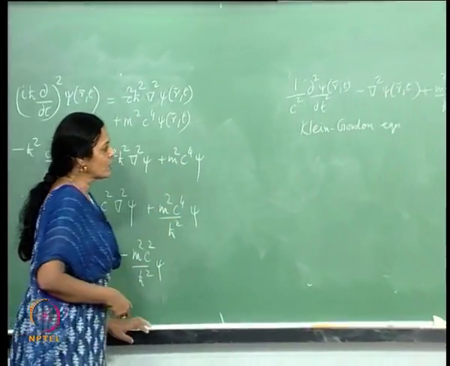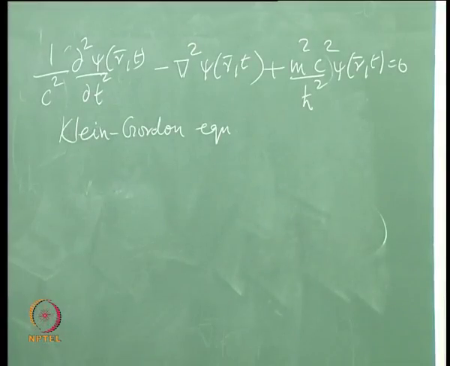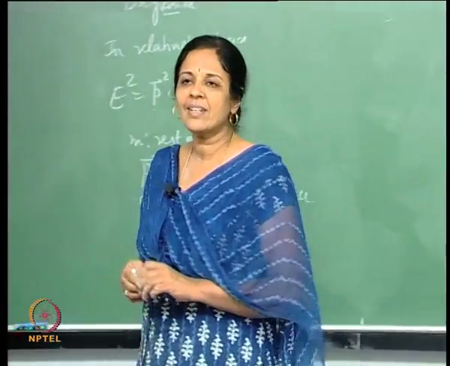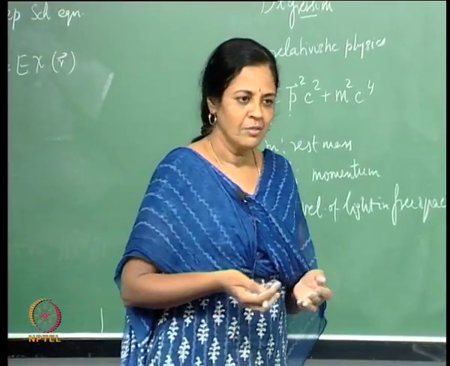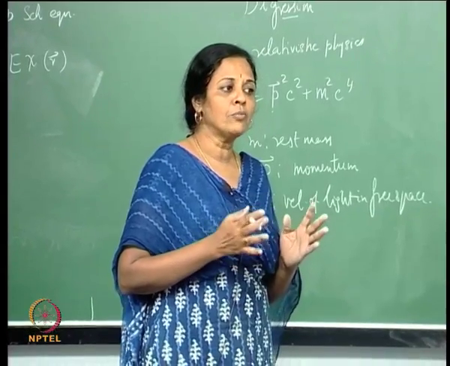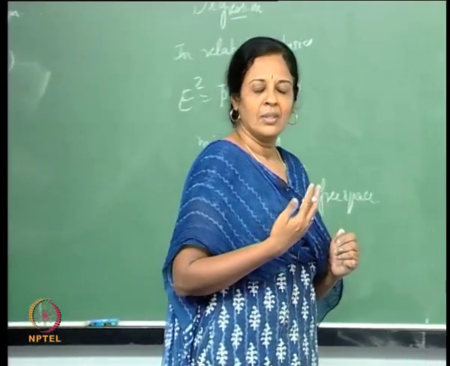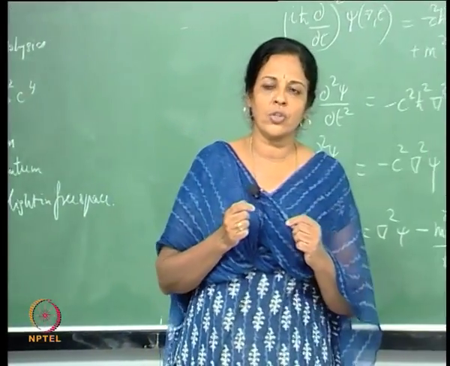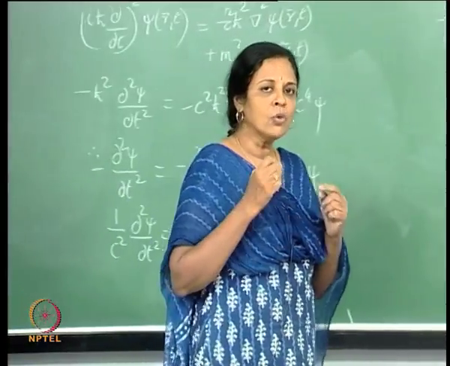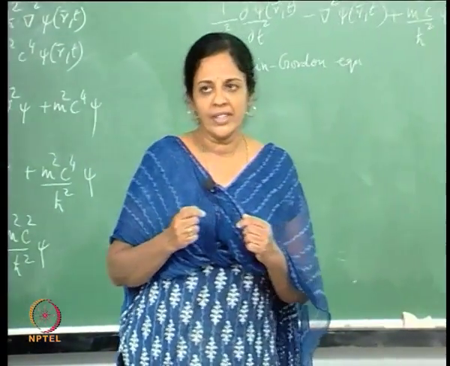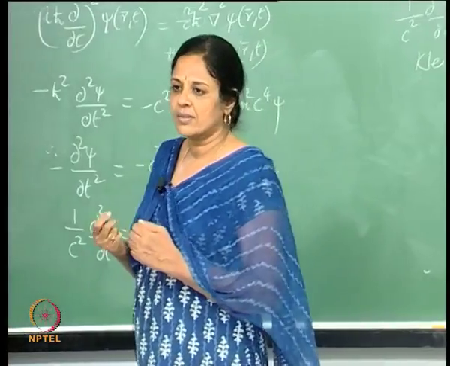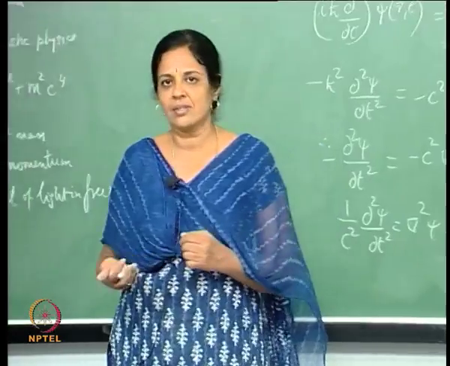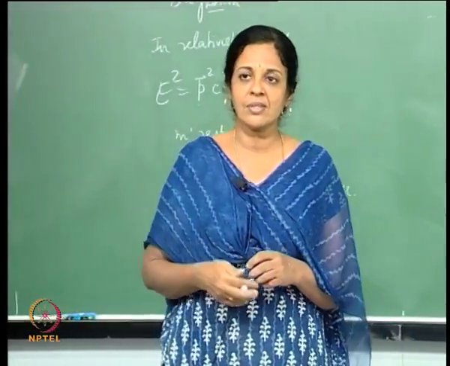The reason why I brought this in, it is a digression to tell you that in all these contexts, simply take the classical expression for energy in terms of momentum, mass of the particle, potential and so on, replace the energy by i h cross ∂/∂t, and the linear momentum by minus i h cross del if you are looking at 3-dimensional space, or minus i h cross ∂/∂x in 1 dimension along the x axis.